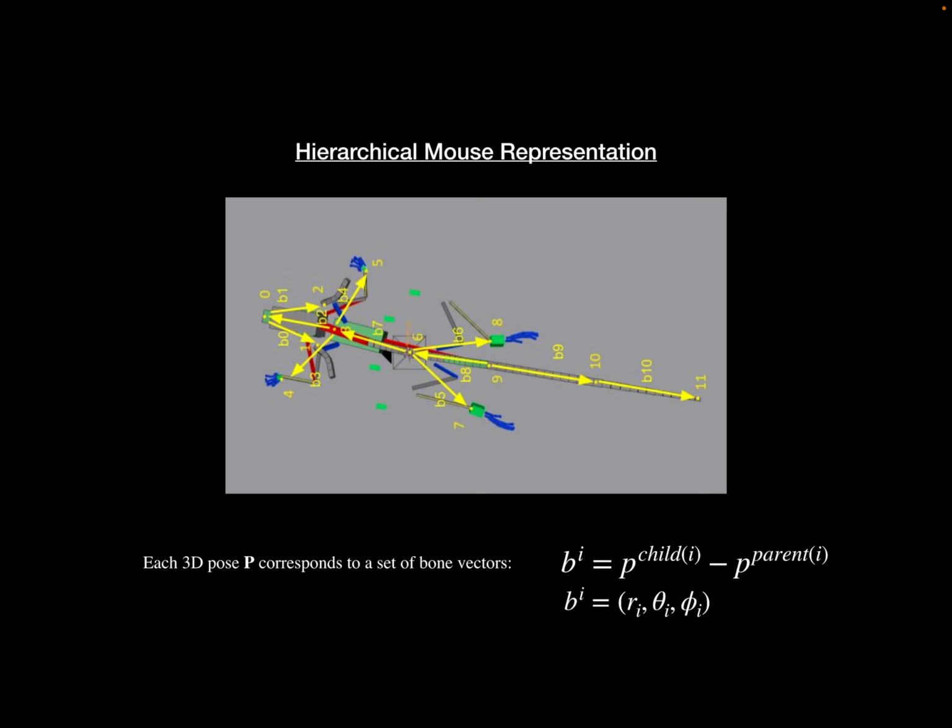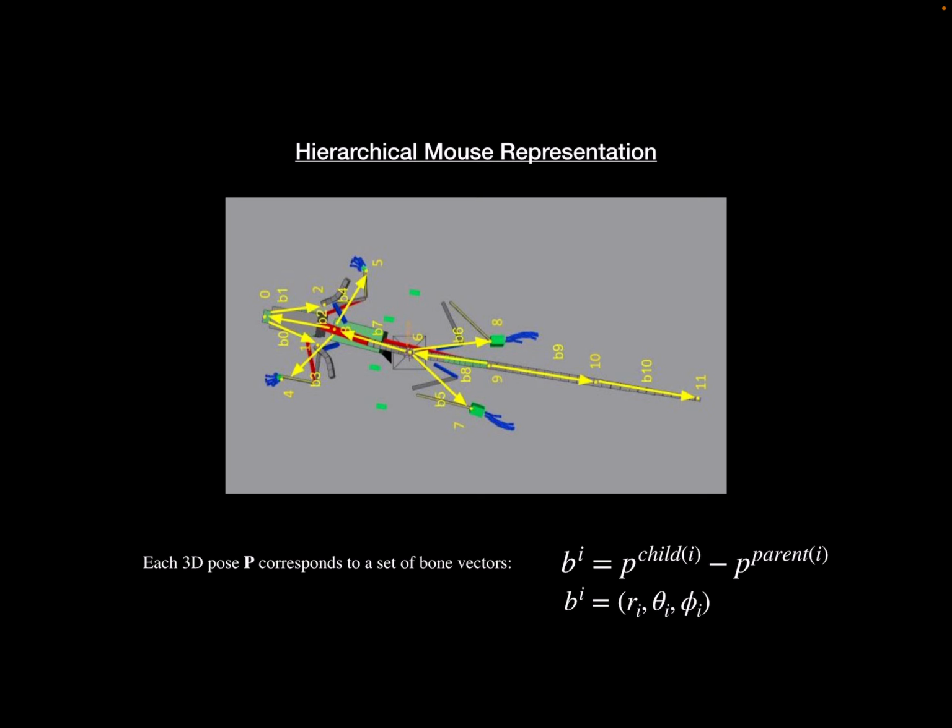As we go to the next part, I'll talk about this hierarchical mouse representation because it helps us generate more data. For each of the points, I'm going to define bone vectors, which basically map from one point to another point. I'll tell you how it becomes useful later, but for now we essentially convert them to polar coordinates. To give a small teaser, let's look at B10.